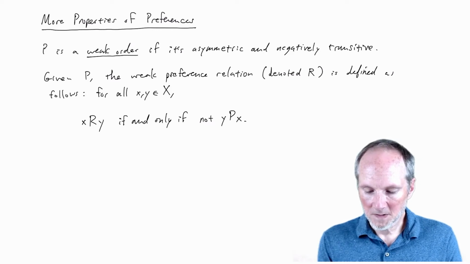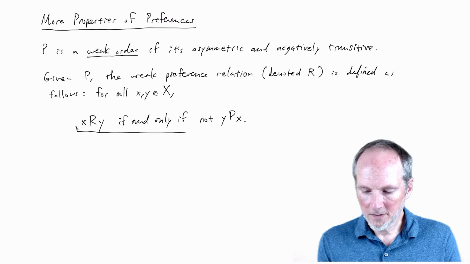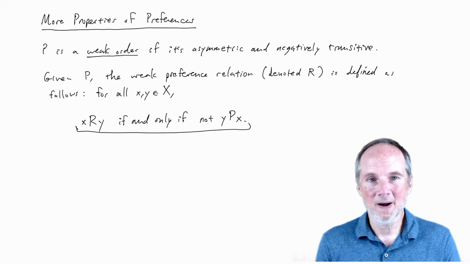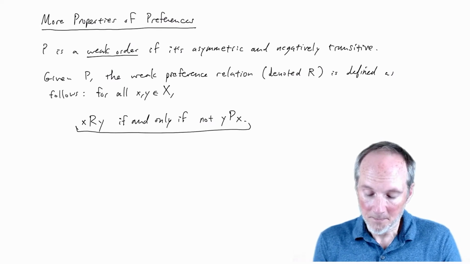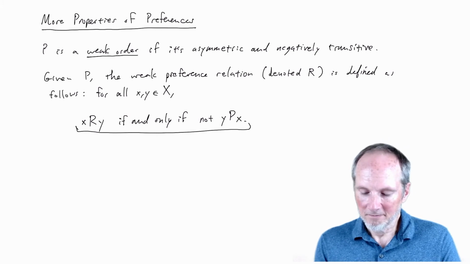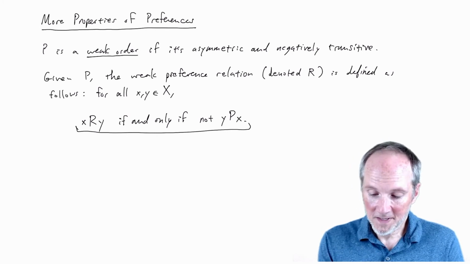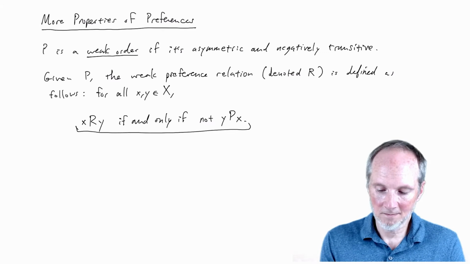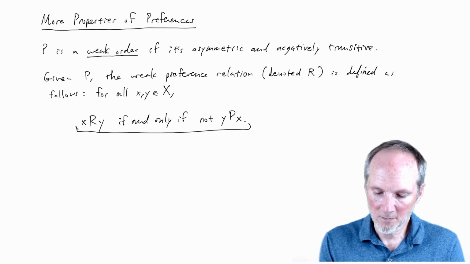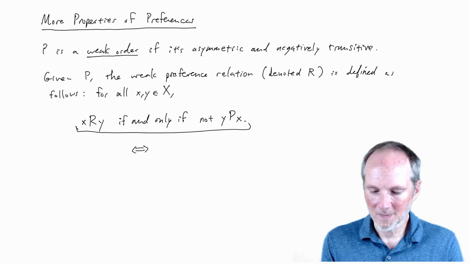This statement that I've written here is called a logical biconditional, just as a way of introducing some logical notation. Not that we're going to use it that often. We can say if and only if. We can write that as this double arrow, an arrow going in both directions.